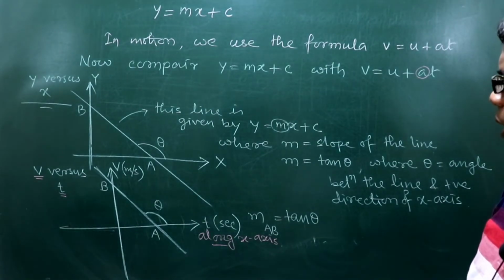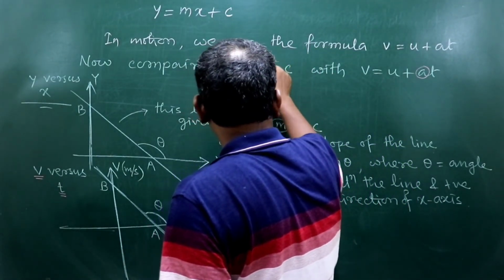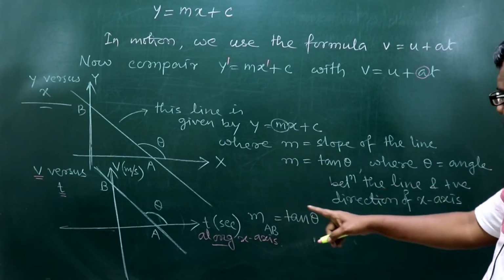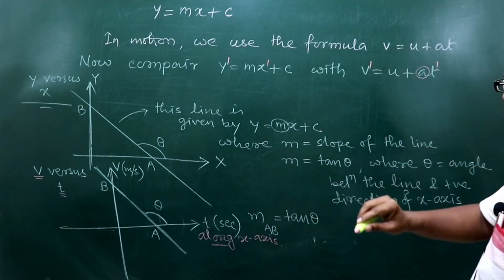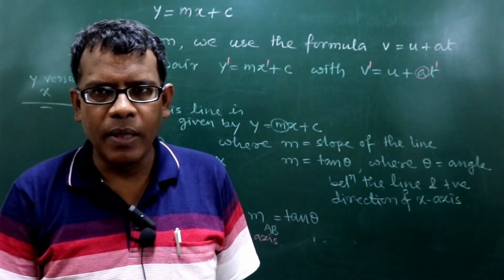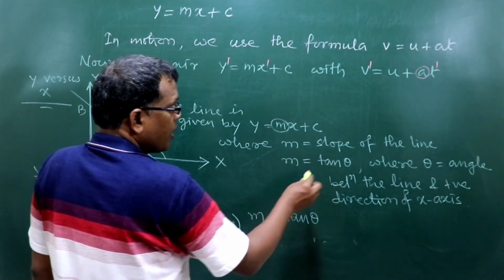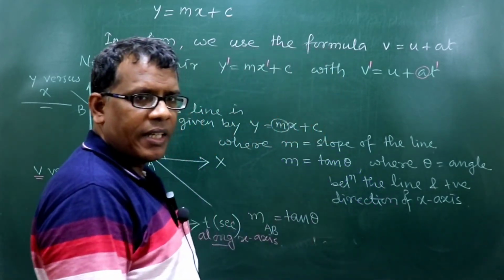Because when we are plotting y versus x, the power of y is 1, the power of x is 1. Similarly, when we are plotting the graph of v versus t, there also the power of v is 1 and the power of t is 1. So both are absolutely comparable. So x-axis parameter is time, so the term which is multiplied with time must be representing slope.